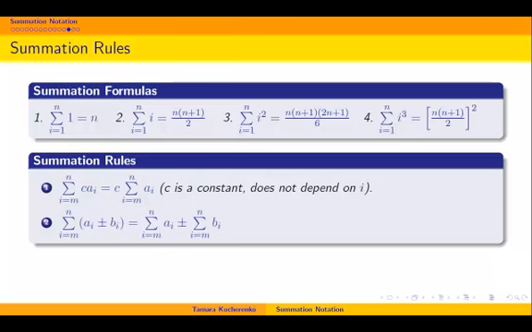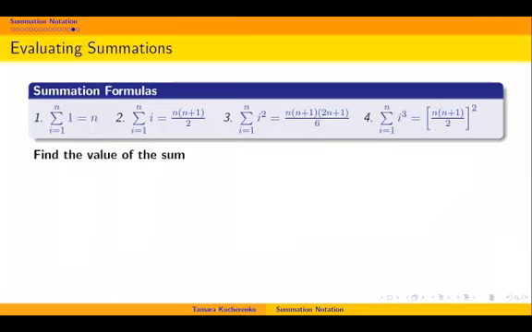For example, find the value of the sum from i equals 1 to n of 7 minus 5i. First, we split the sum into two parts. The sum of 7 minus the sum of 5i from i equals 1 to n.